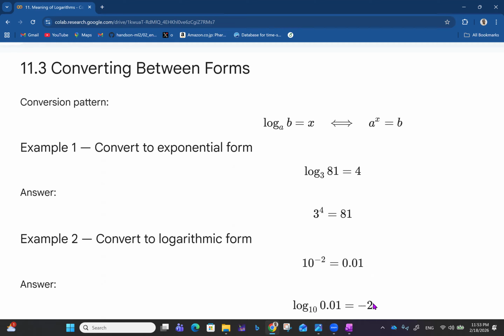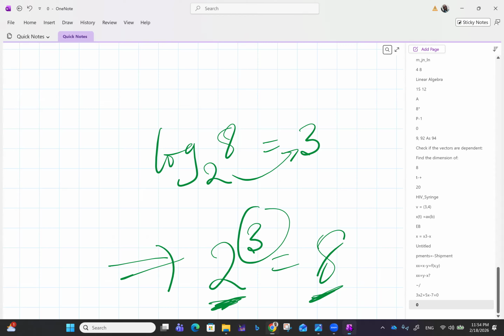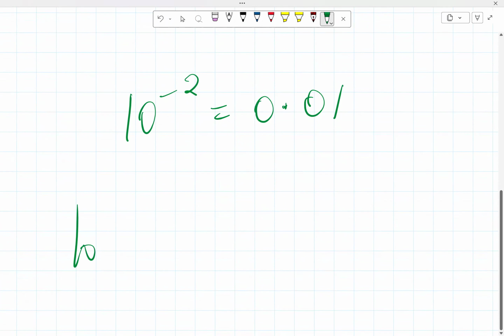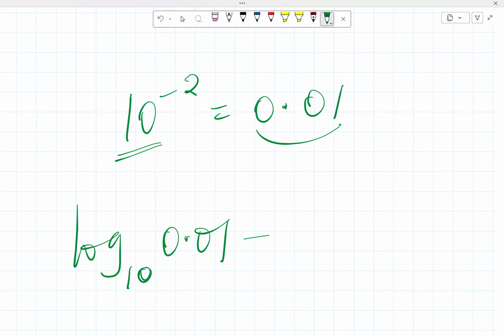So you write log, of course, the base is always 10, log to base 10, and this is the result, 0.01, and that is always equal to the exponent, like this. Okay, so you need to raise 10 to power minus 2 to get 0.01.